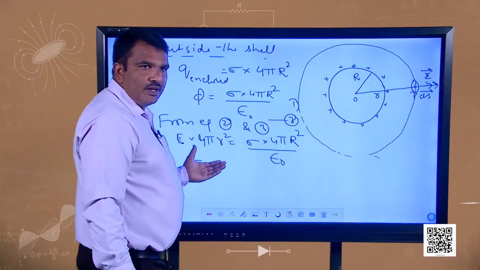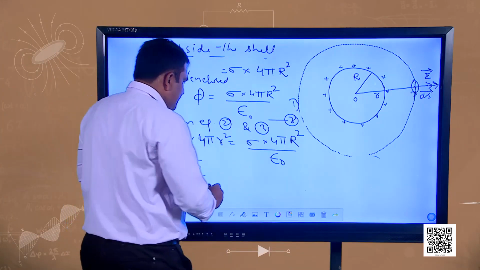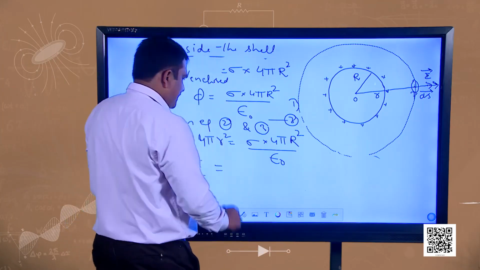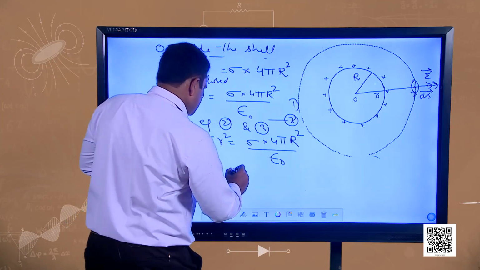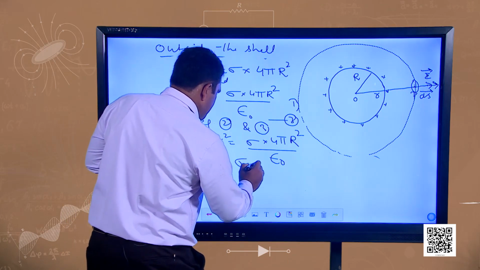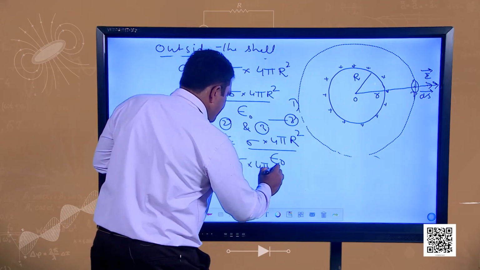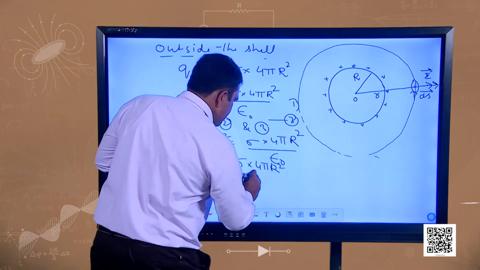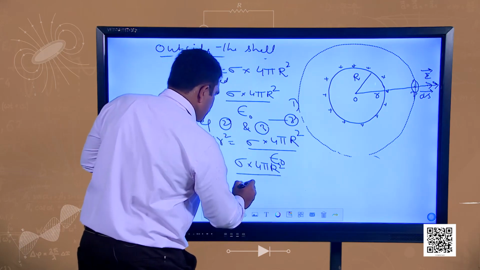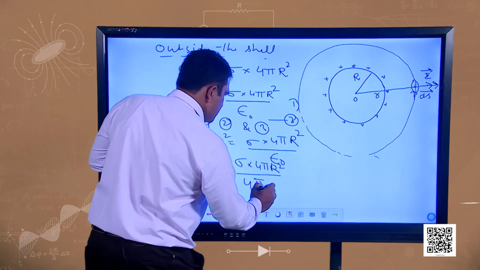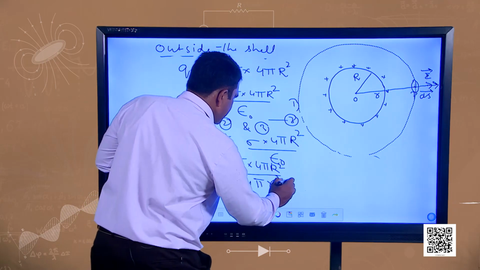From here we get electric field at point P is equal to sigma into 4 pi capital R square divided by 4 pi small r square epsilon naught.